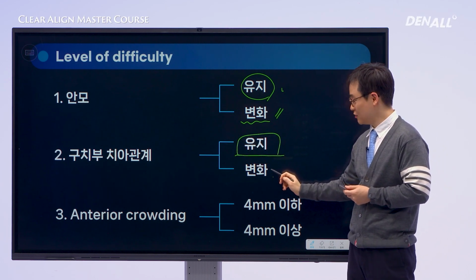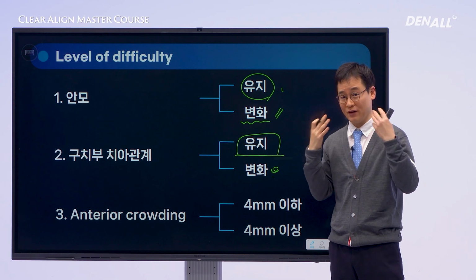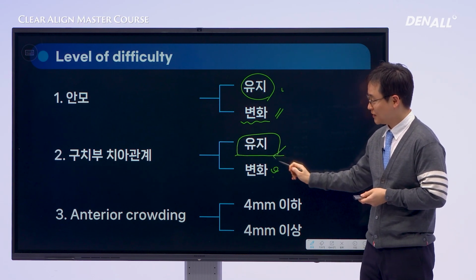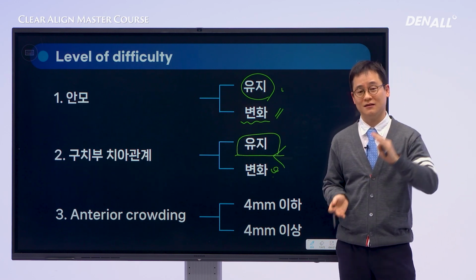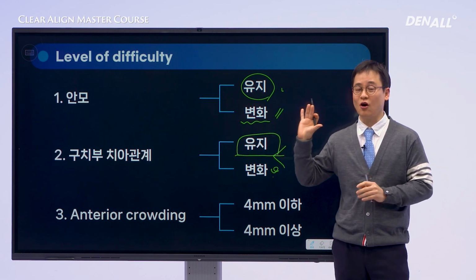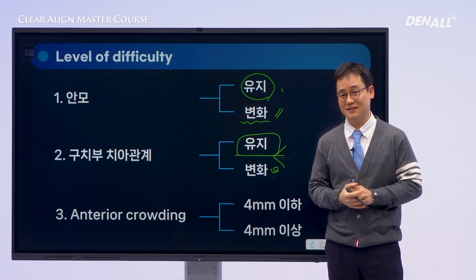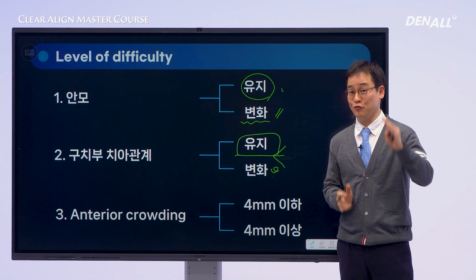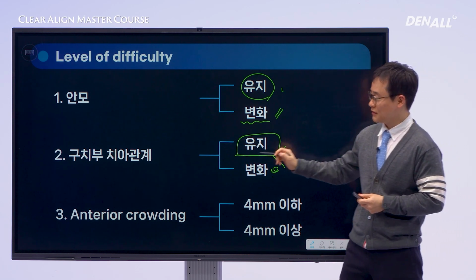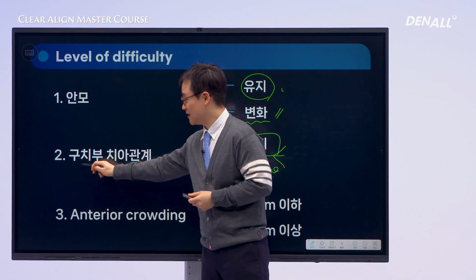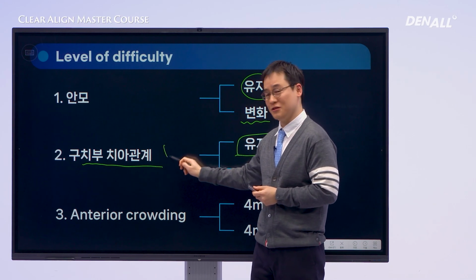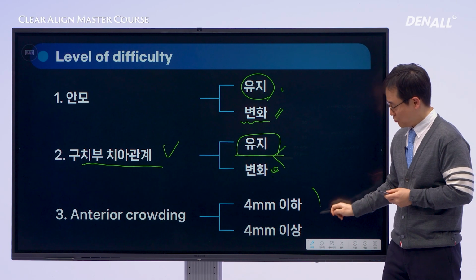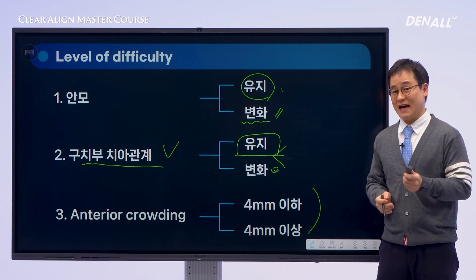But if changes are needed in molar relationship, more complex adjustments such as distalizing molars may be required. This factor can make a huge difference in case difficulty. To put it simply, if the molars don't need to be moved, the case tends to be less difficult. On the other hand, moving molars makes things more complex, so the molar movement is what determines the difficulty of the case. Lastly, as mentioned in the previous session, we can assess case difficulty based on the amount of crowding.